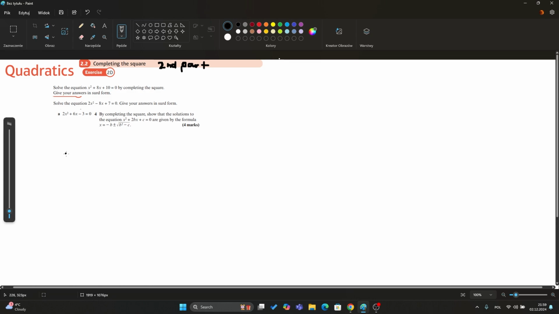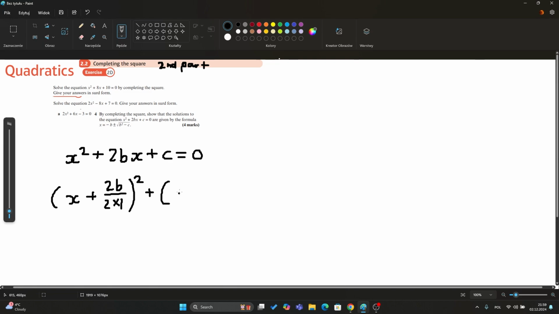The last question of the exercise is, by completing the square, we need to show that the following can be given as a formula of x equals minus b plus or minus the square root of b squared minus c. So again, we use completing the square, so that will be x plus 2b over 2 times 1, squared, plus c minus 2b squared over 4a, equals 0.